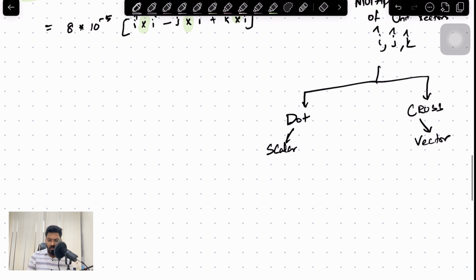Nevertheless, let's look at how we do the multiplication. So I cap dot I cap, or J cap dot J cap, or K cap dot K cap, in all these cases it is 1. Now if instead of I multiplied by I, I change it to I multiplied by J, or J dot K, or K dot I, all of them equal 0.